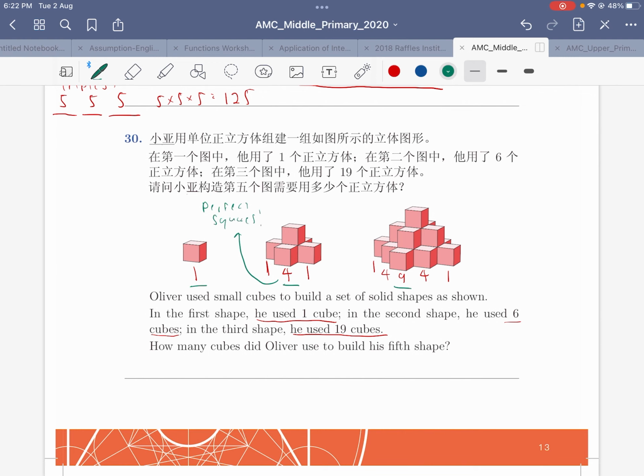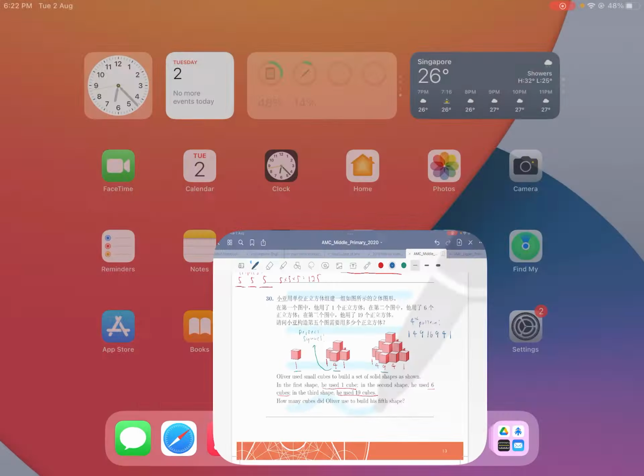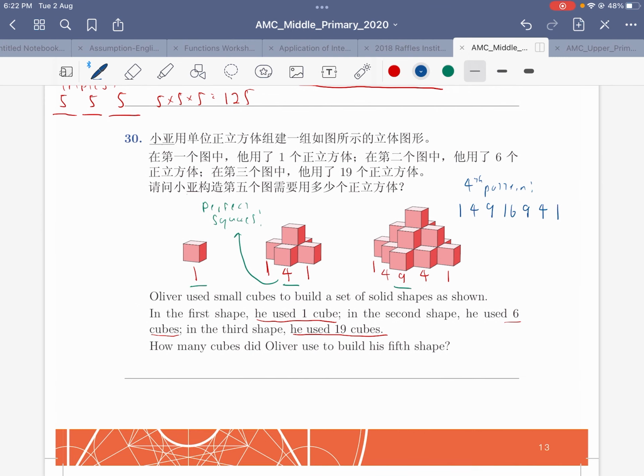So you can imagine what the fourth pattern is going to look like now. The fourth pattern is going to look something along the lines of 1, 4, 9, 16, 9, 4, 1. That's the main idea. And moving on, we have 5 squared as well.